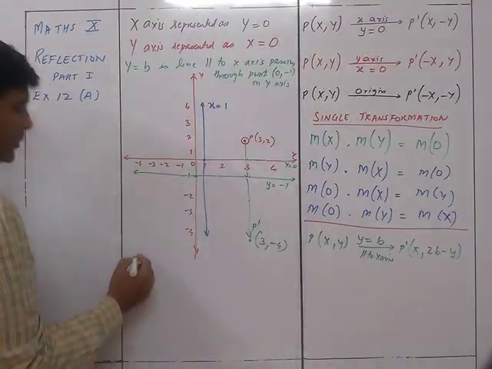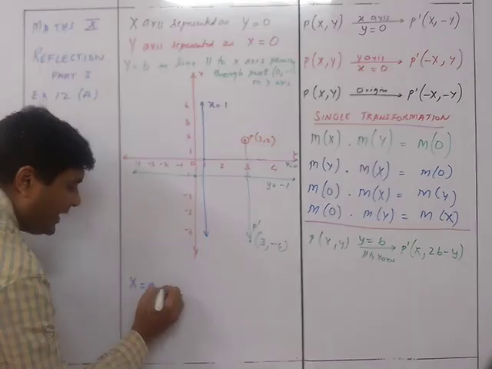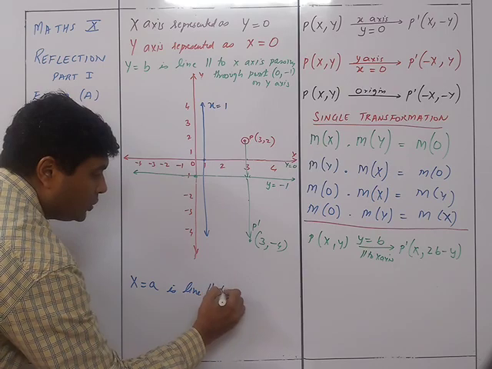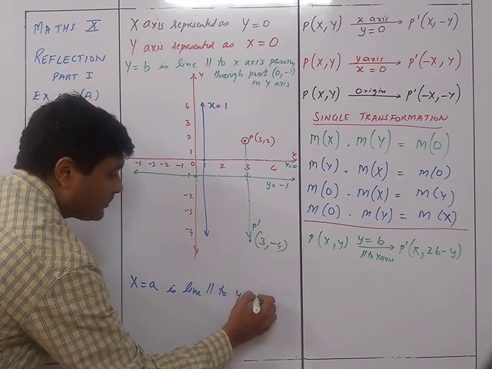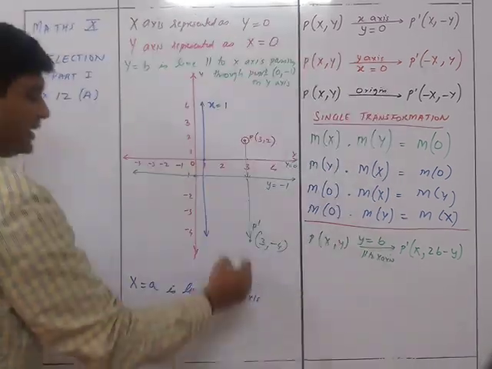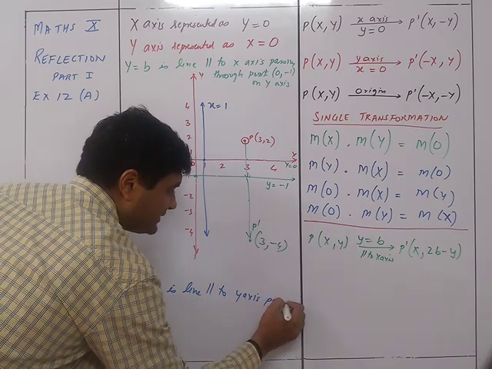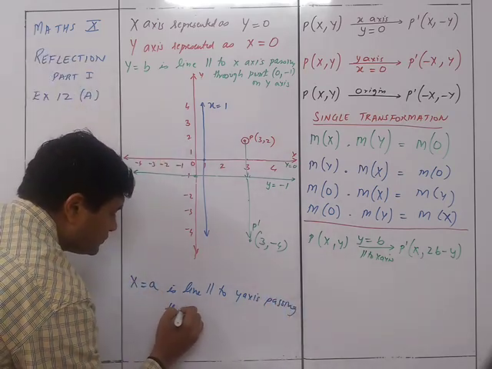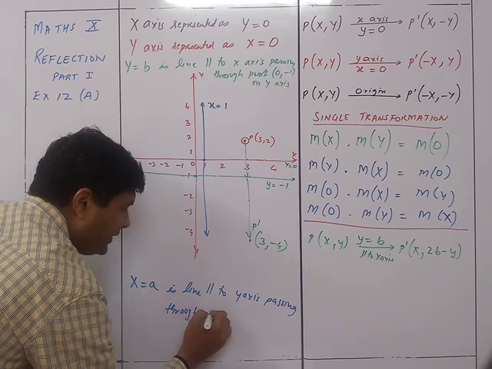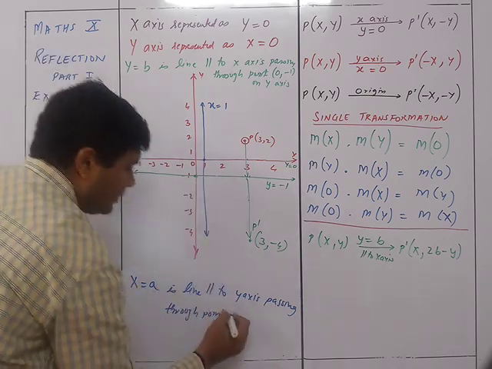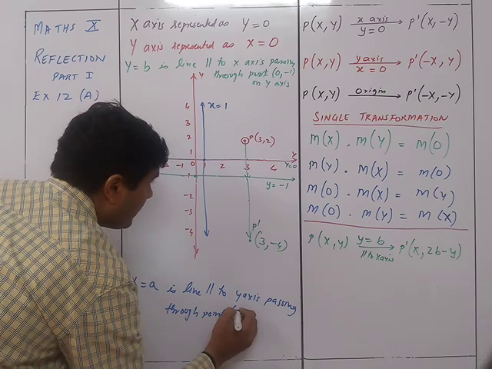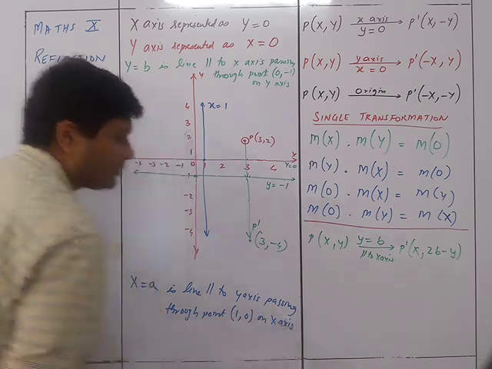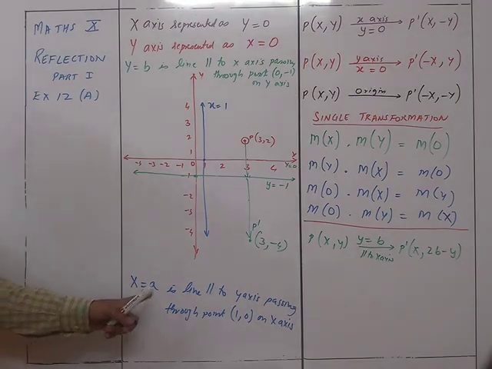So what will we write over here? x = a is a line parallel to the y-axis, passing through the point (1, 0) on the x-axis. Okay, this is x = a.